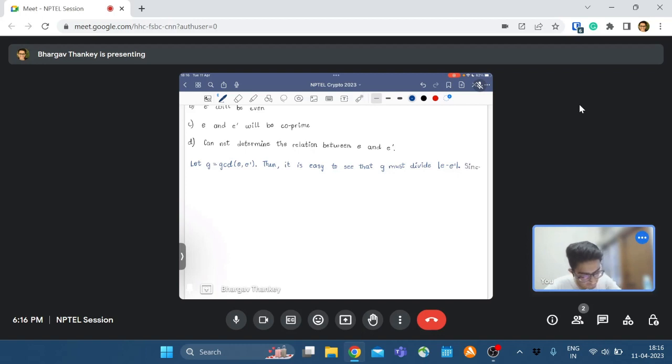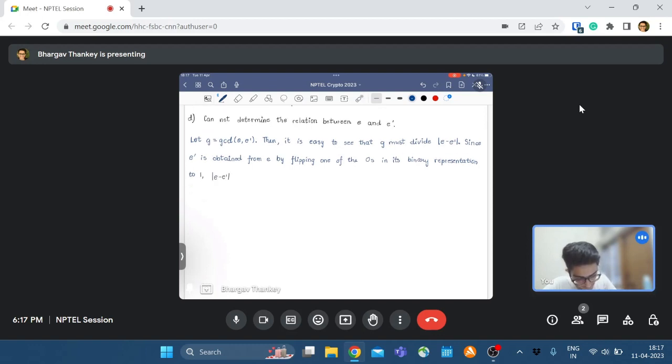Now, since E prime is obtained from E by flipping one of the zeros in its binary representation to one, the absolute value of E minus E prime looks like 1 followed by a bunch of zeros.